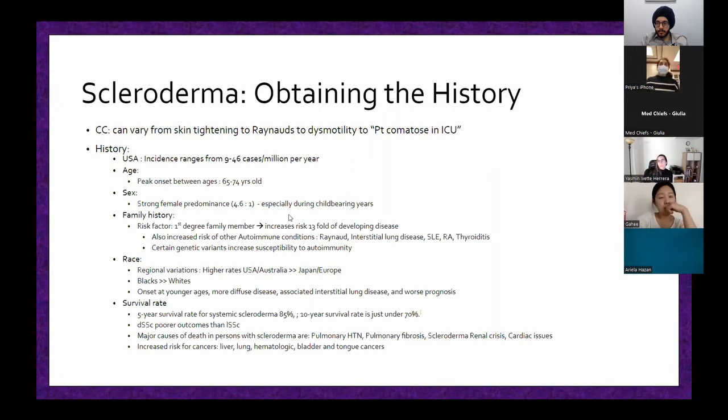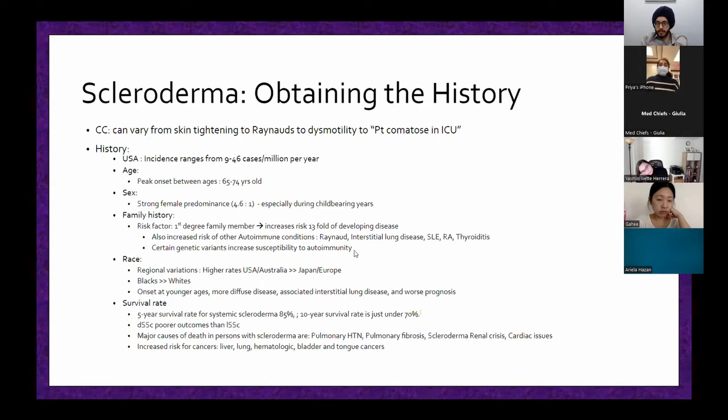There's a strong female predominance, 4.6 to 1, especially during the childbearing years, which can be challenging in terms of management. There's a risk factor with family history and first-degree family members. There's a 13-fold risk of developing disease. So family history is very important. And also these patients, like I mentioned, can have other coexisting diseases like lupus and rheumatoid.